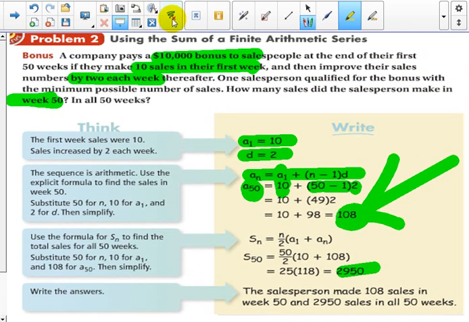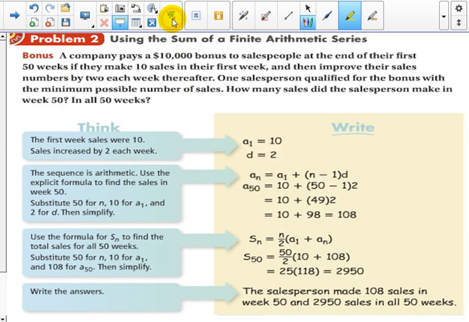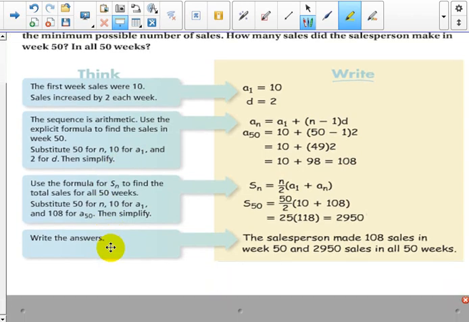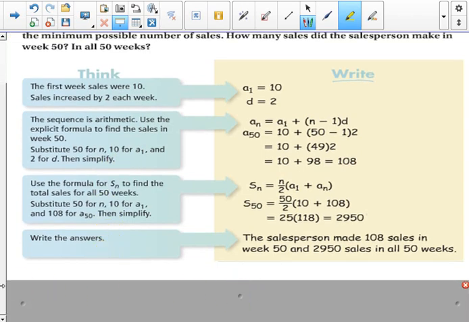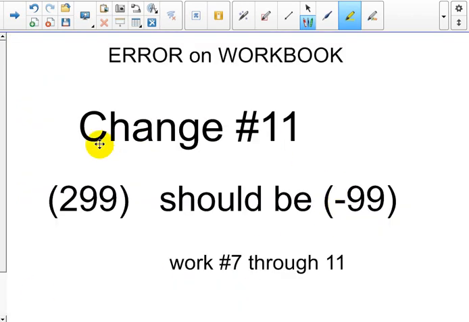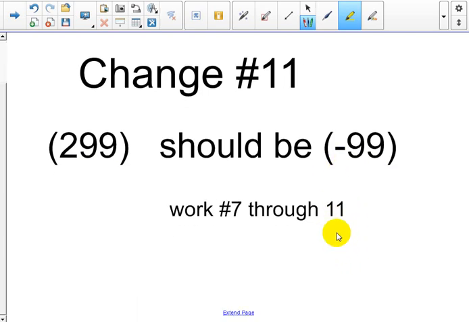Okay, so if you look at problems 7, 8, 9, and 10, there's an error on number 11. So let's correct that error first. On number 11, change your workbook. It shouldn't say 299, it should say -99.